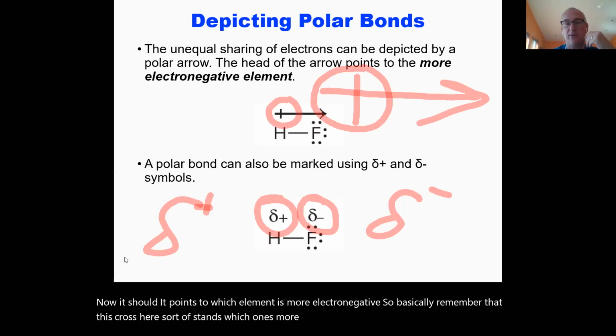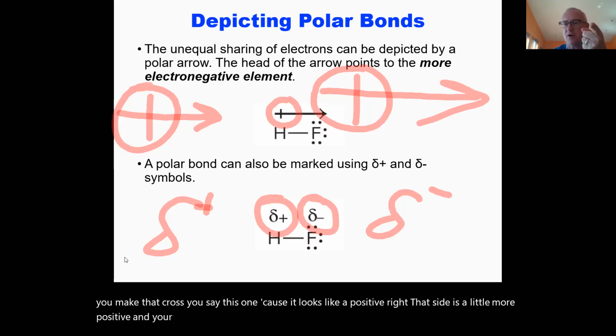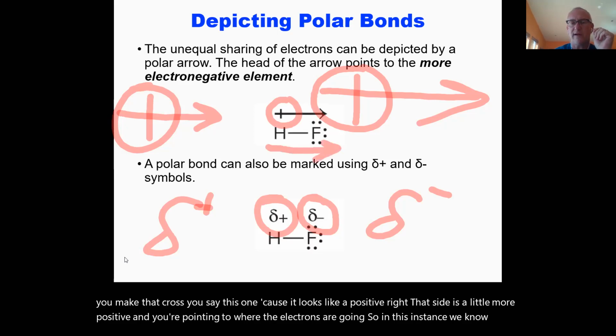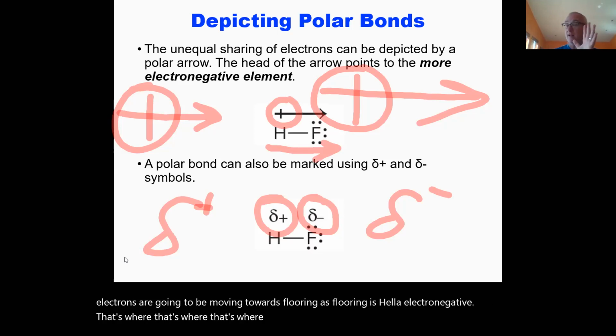That's the way I remember it anyway. So when you make that cross, that side is a little more positive, and you're pointing to where the electrons are going. In this instance, the electrons are moving towards fluorine because fluorine is hella electronegative, right? So that's where the shared electrons are going to spend more of their time.